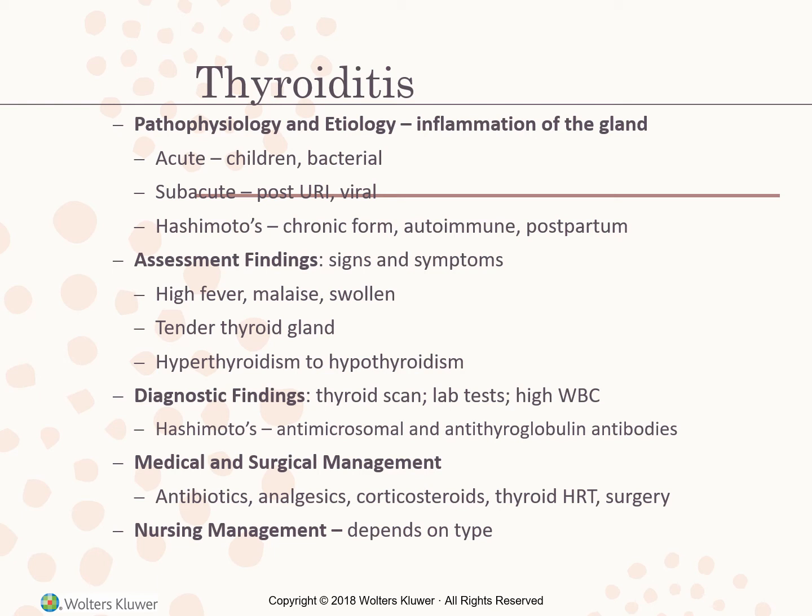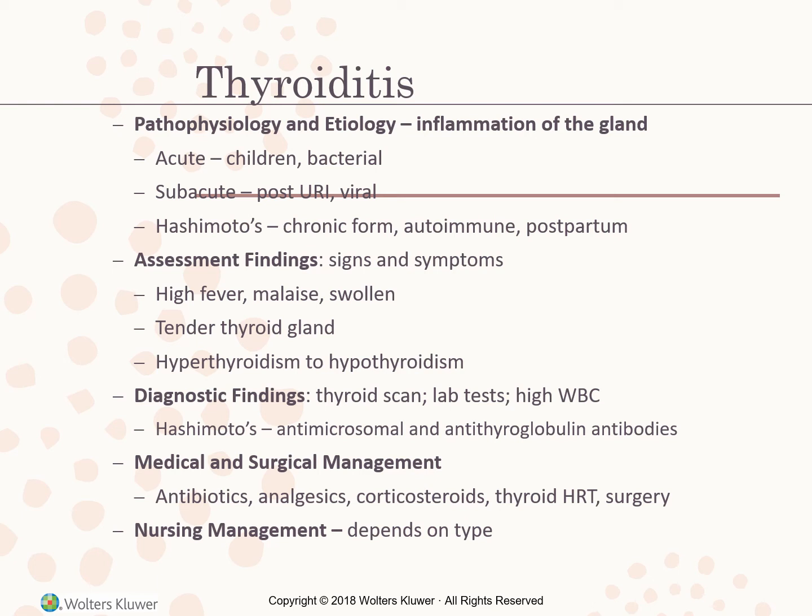When signs of hyperthyroidism develop, the patient will experience tachycardia, tremors, intolerance of heat, weight loss, and emotional irritability. Now, once the gland is destroyed, symptoms of hypothyroidism such as lethargy, weight gain, weakness, constipation, and dry hair will develop.